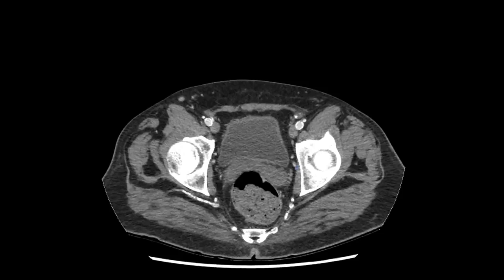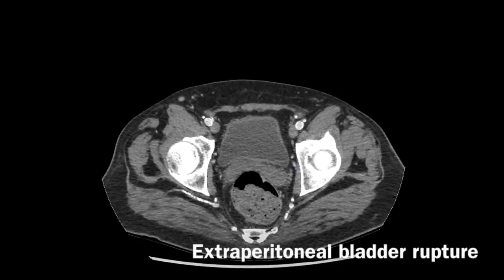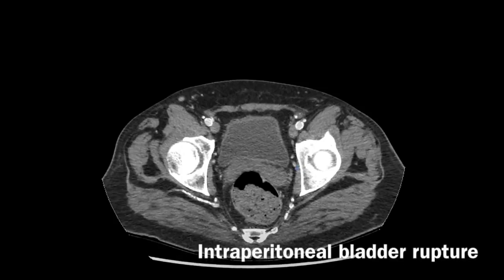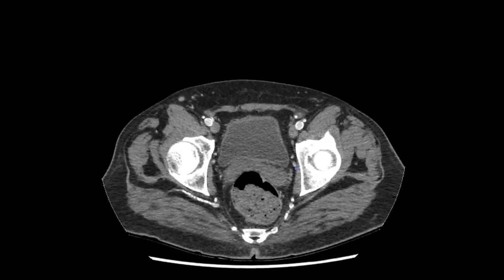When you're diagnosing a rupture of the bladder, the type of bladder rupture is very clinically important. The two main types of bladder rupture are extraperitoneal bladder rupture, where the bladder is ruptured into the extraperitoneal space only, and intraperitoneal bladder rupture, where the bladder is ruptured into the intraperitoneal space. The intraperitoneal bladder ruptures, or any bladder rupture that has an intraperitoneal component, is usually treated surgically, whereas extraperitoneal bladder ruptures are treated conservatively.